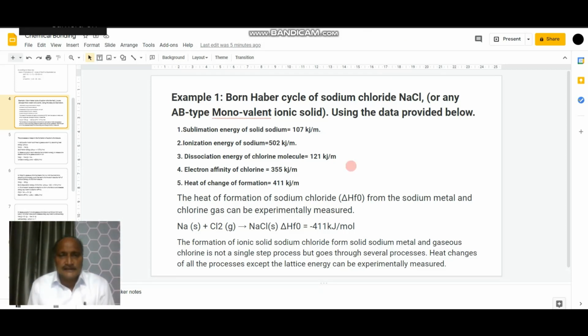So here, from the given data, we have to calculate the lattice energy of sodium chloride.